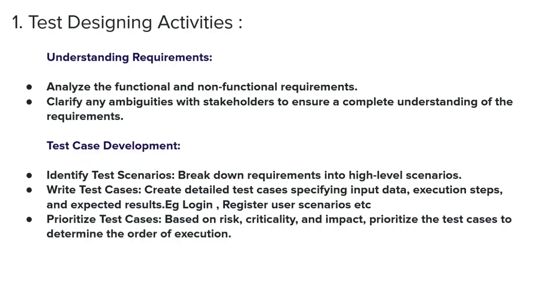If there are any missing requirements, any gaps in the requirements, or any feature-related doubts, we have to clear them with stakeholders to ensure that we have a complete understanding of the requirements. When you are going to write the test cases, at that point we should always have an understanding of all the requirements.